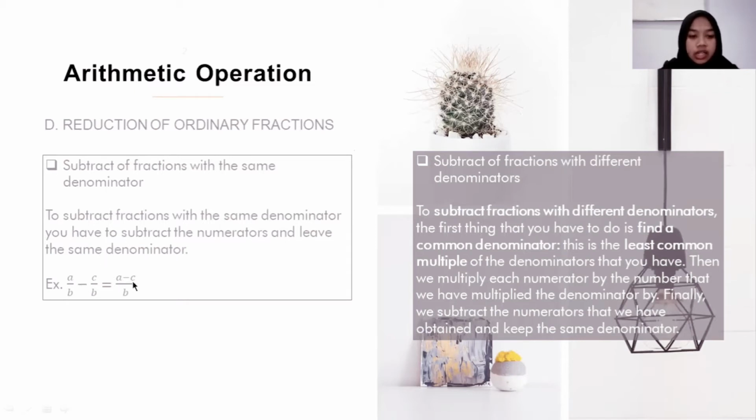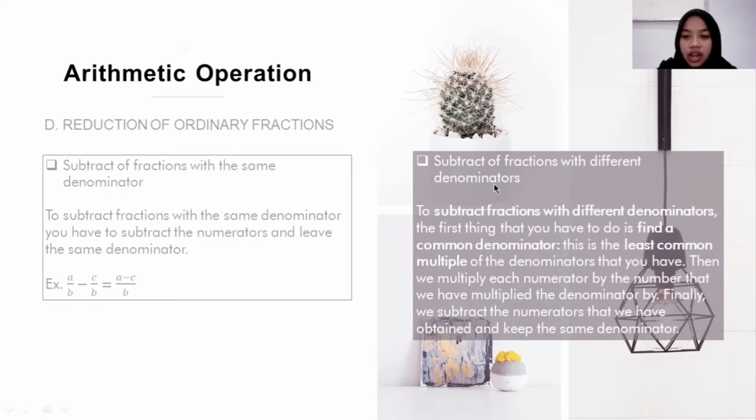So here are the numerators and this is the same denominator. So we have to subtract the numerators and leave the denominator. So a over b minus c over b equals a minus c over b, like that.